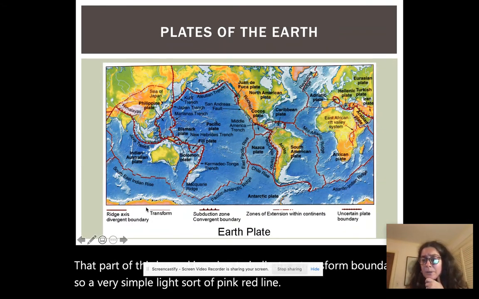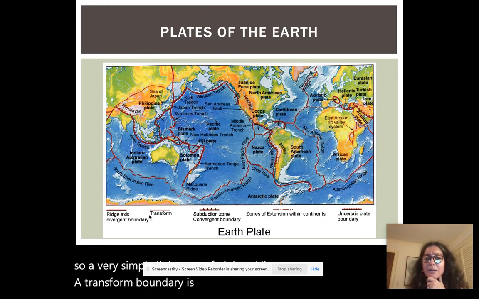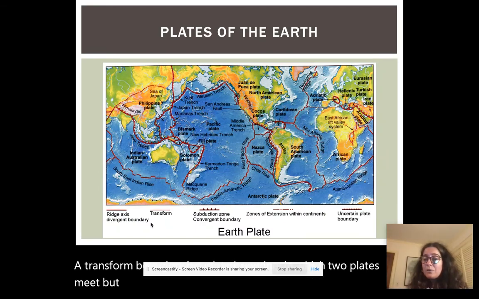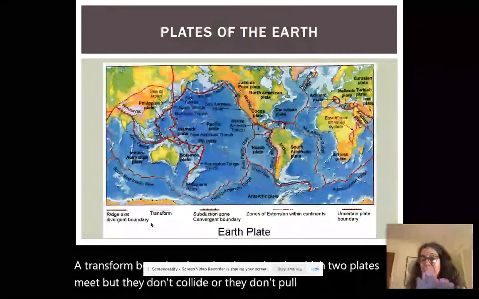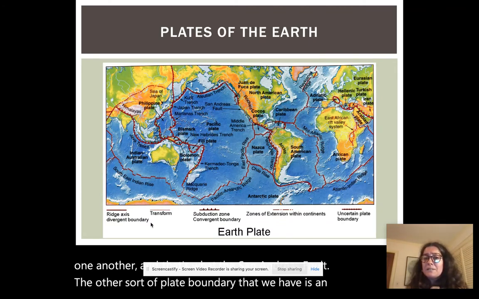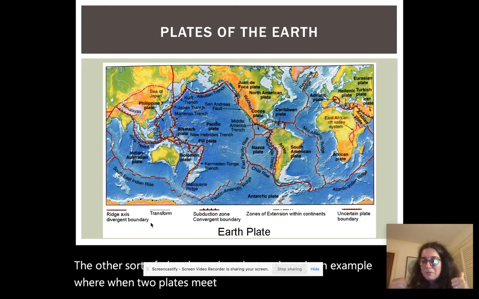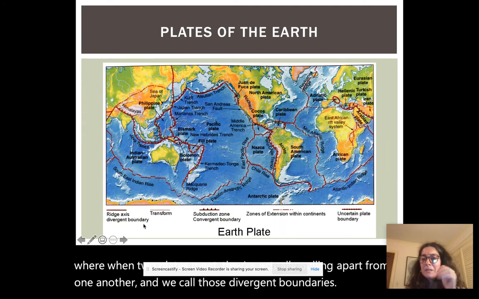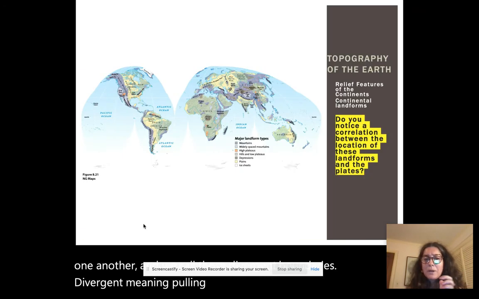A transform boundary is a plate boundary in which two plates meet, but they don't collide or pull apart. They slip past one another, and that's what the San Andreas fault represents. The other sort of plate boundary is an example where when two plates meet, they're actually pulling apart from one another, and we call those divergent boundaries. Divergent meaning pulling apart or pulling away from one another.